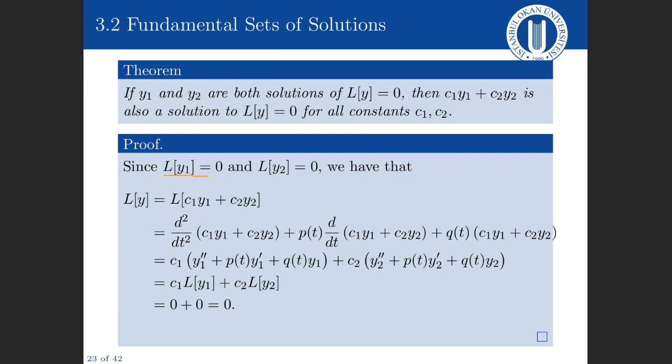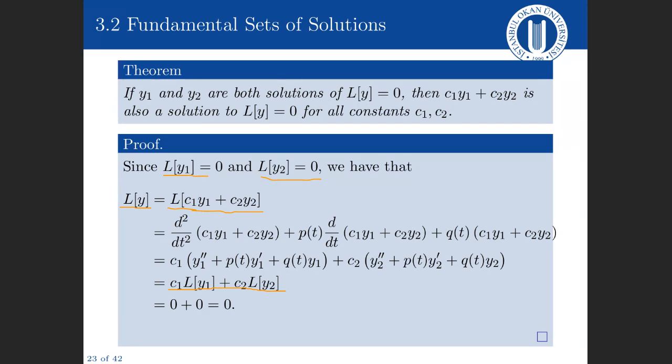If we start by assuming that L of y1 and L of y2 are both equal to 0, then we can calculate L of c1 y1 plus c2 y2. Capital L is a linear operator, so this is the same as c1 L of y1 plus c2 L of y2.